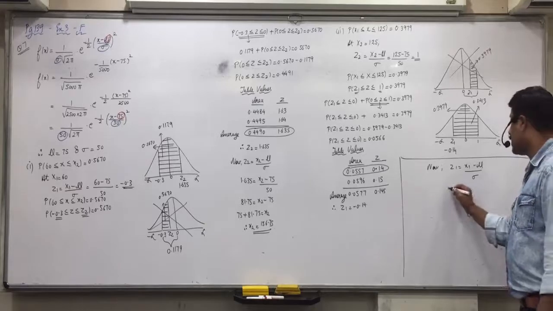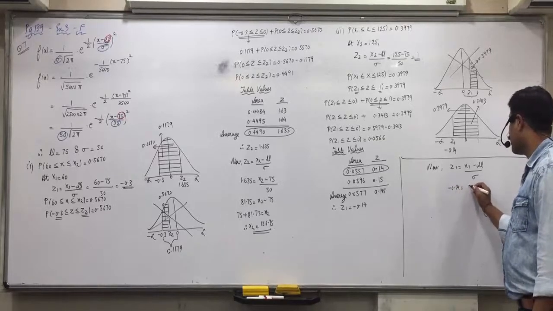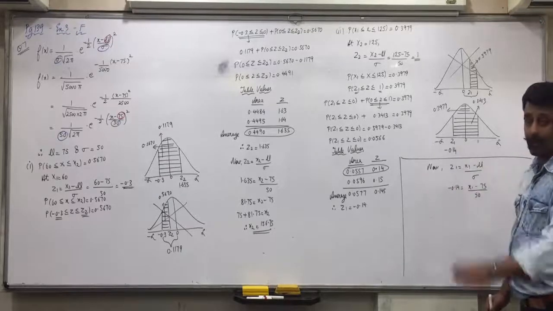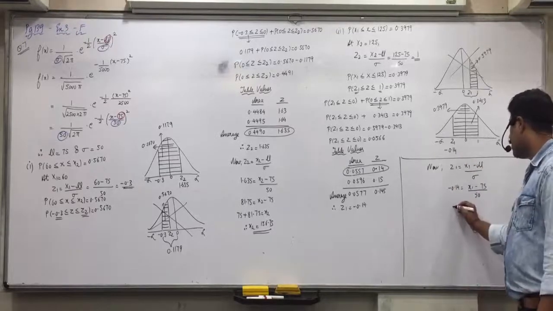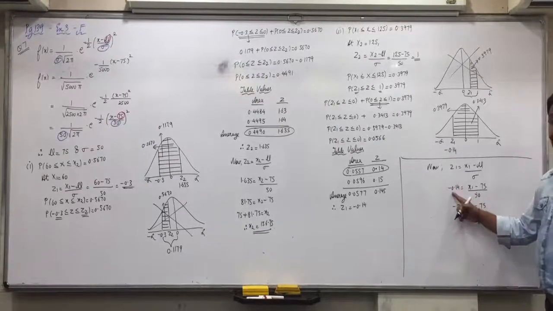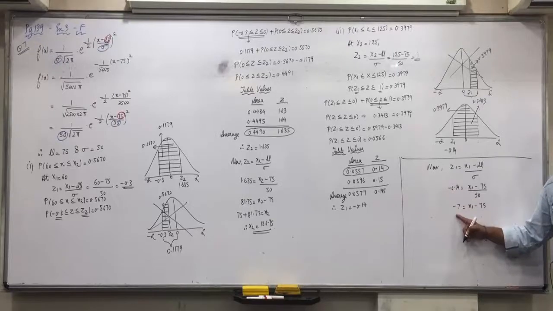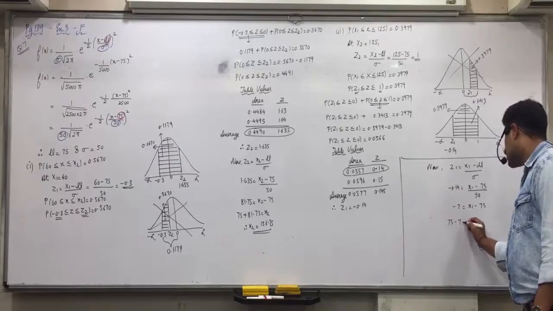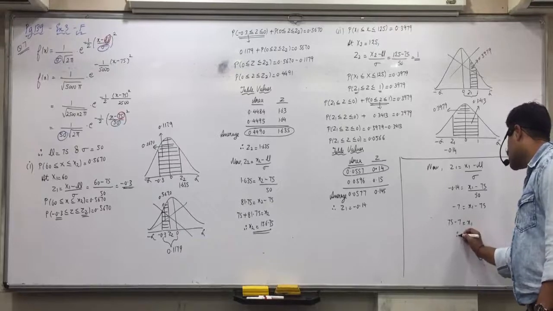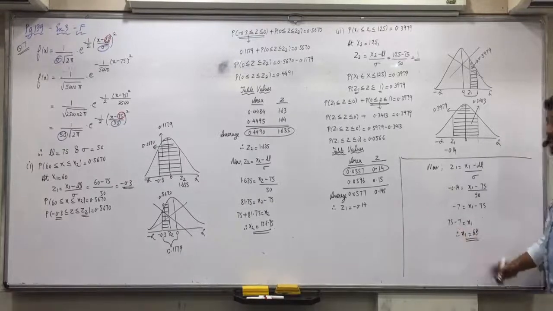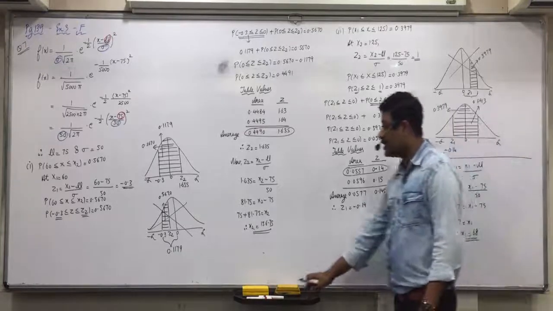So minus 0.14 equals (x1 minus 75) upon 50. 50 into 0.14 will be 7, so x1 minus 75 equals minus 7. Minus 75 on the left side becomes plus, so x1 will be equal to 75 minus 7, that is 68.